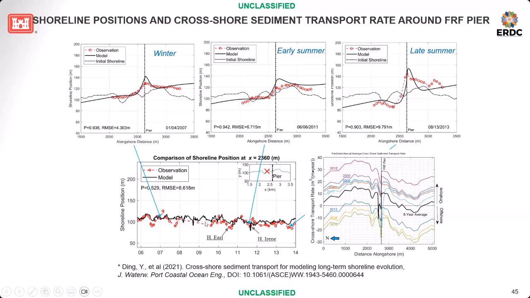So you have to have a good estimation of both cross-shore and longshore. With that, you can also estimate an annual cross-shore magnitude of about plus or minus 30 cubic meters per meter per year.